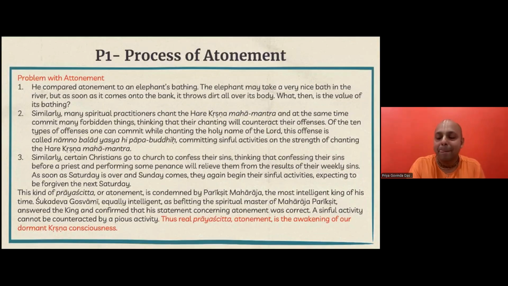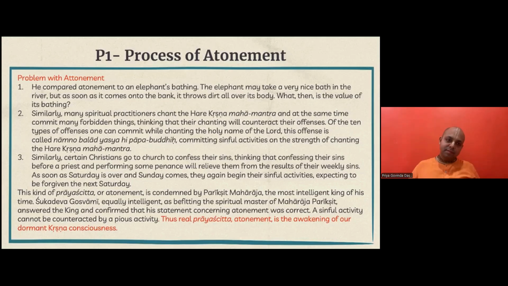He compared atonement to an elephant's bathing. The elephant may take a very nice bath in the river, but as soon as it comes to the bank, it throws dirt all over its body. What then is the value of its bathing? Second, similarly, many spiritual practitioners chant the Hare Krishna Mahamantra and at the same time commit many forbidden things, thinking that their chanting will counteract their offenses.